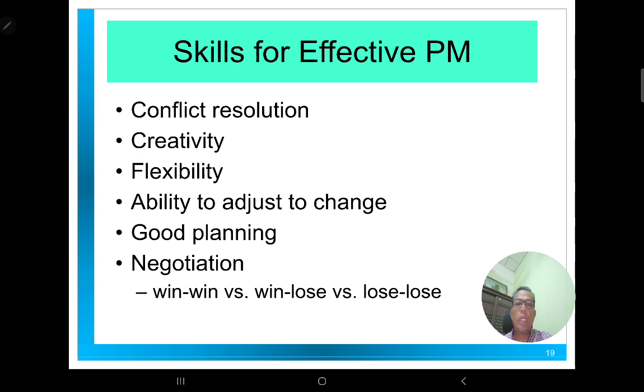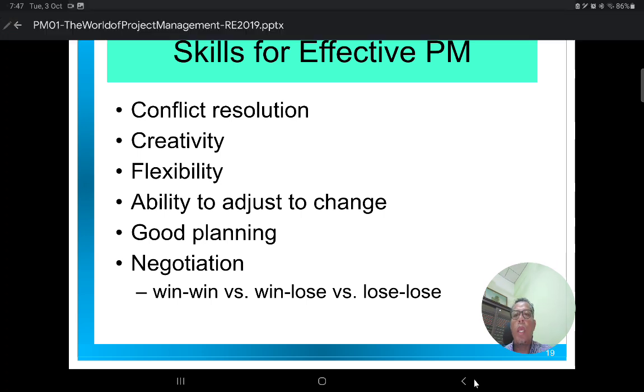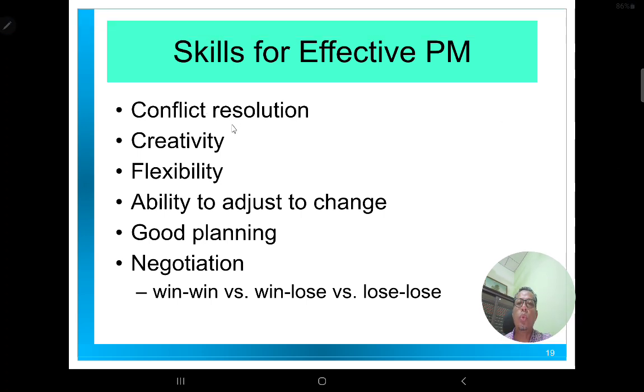Number one, here you can see you should have the ability to resolve conflict because in the earlier lecture, I've mentioned about the complexity of the project scenario where it involves a number of humans resources.